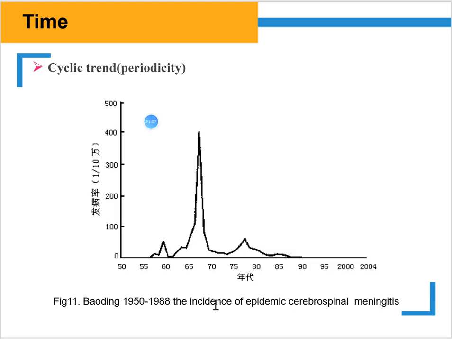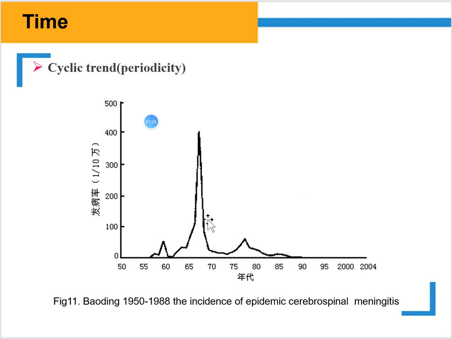Figure 11 is the incidence of epidemic cerebrospinal meningitis in Baoding during 1950 to 1988. The abscissa is years. The ordinate is incidence rate.